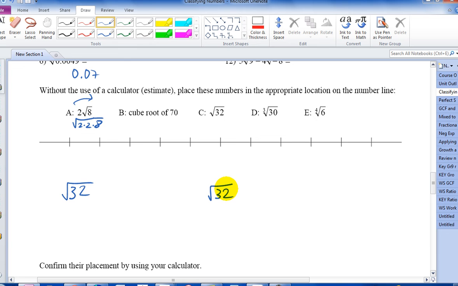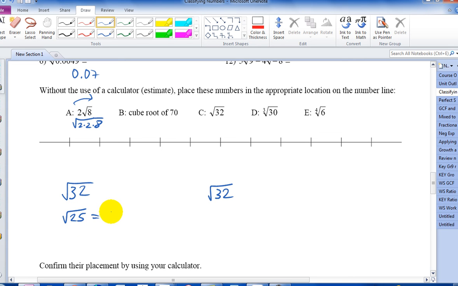Now there's other ways of doing this as well. However, you want to estimate their size. Last year we looked at having a perfect square below and a perfect square above. So thinking about it, 4 squared is 16, 5 squared is 25. So the next perfect square below it is 25.